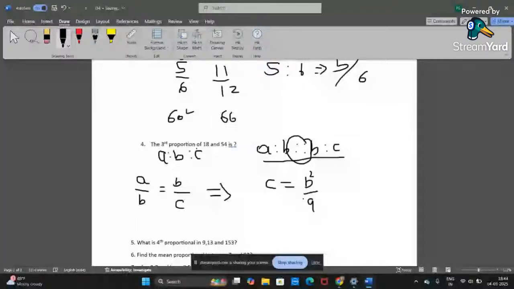What is B square here? 54 square, write it in the form 54 into 54, divided by A. Sorry, this is A, it is looking like 9. What is A here? It is 18.